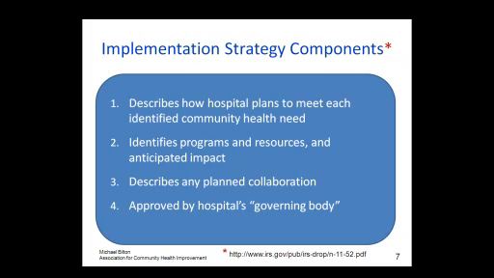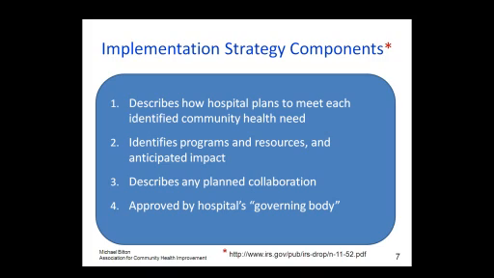Then when you flip over to the implementation strategy part of the requirement, there are a few components there that the IRS is going to be looking for. First off, and most obvious perhaps, is a description of how the hospital intends to meet the needs that were identified. And if the hospital is not intending to meet any of those needs, it must state that as well, and the reason why. The reasons could include that another agency or coalition is already investing a lot of resources and getting good results, around a particular priority.